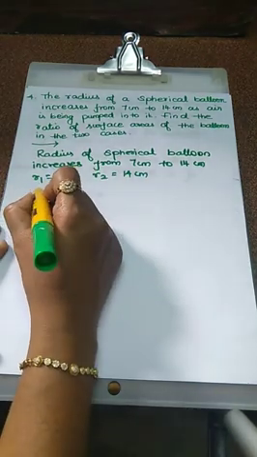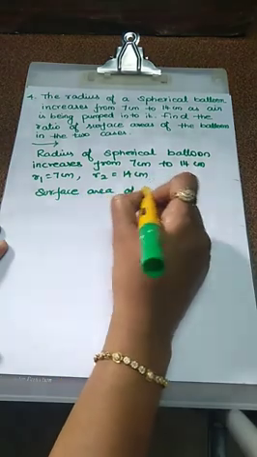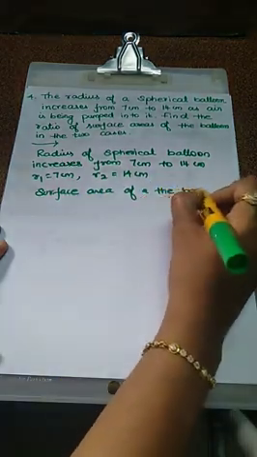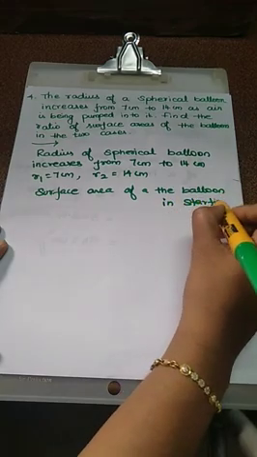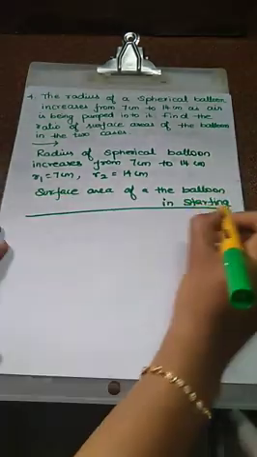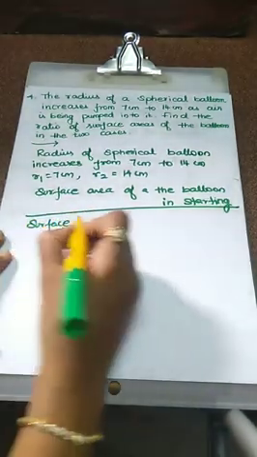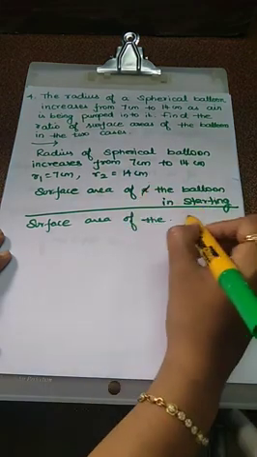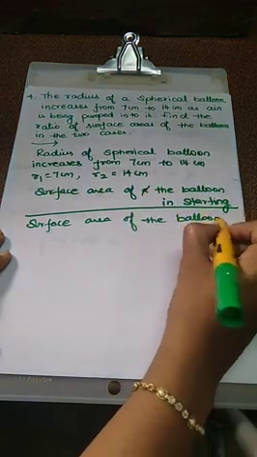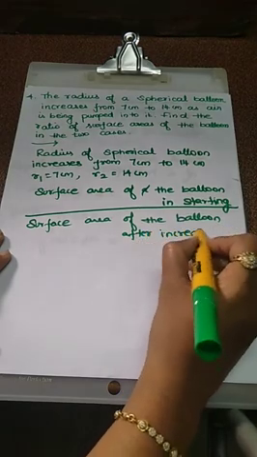Okay. So surface area of the balloon in starting divided by surface area of the balloon after increasing.